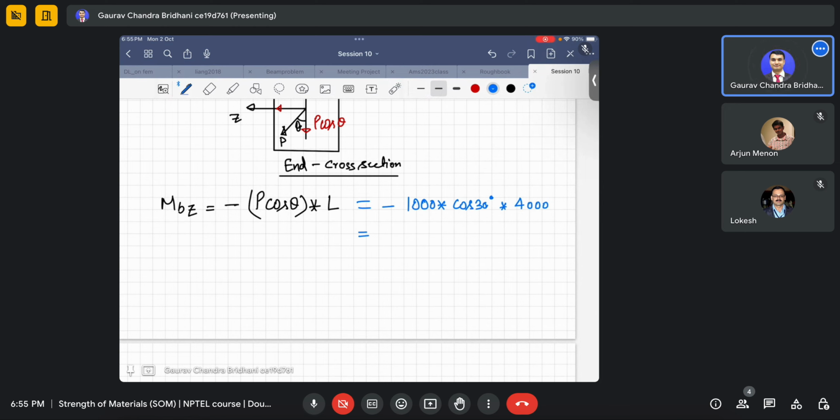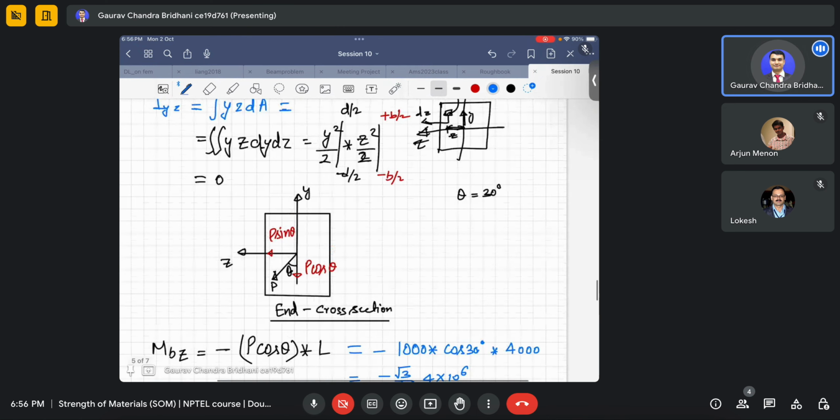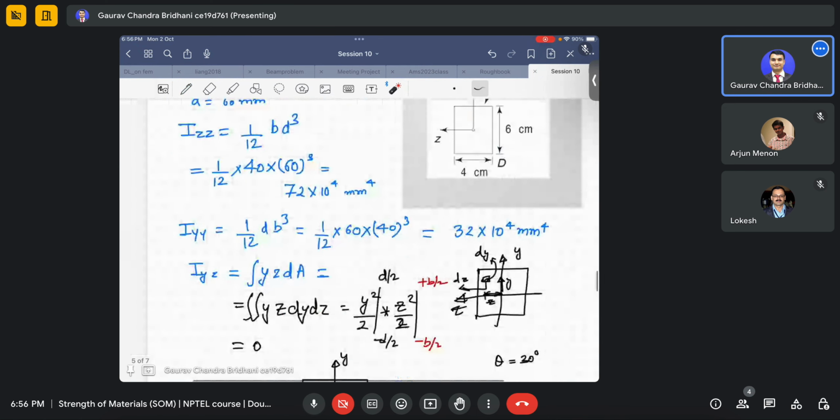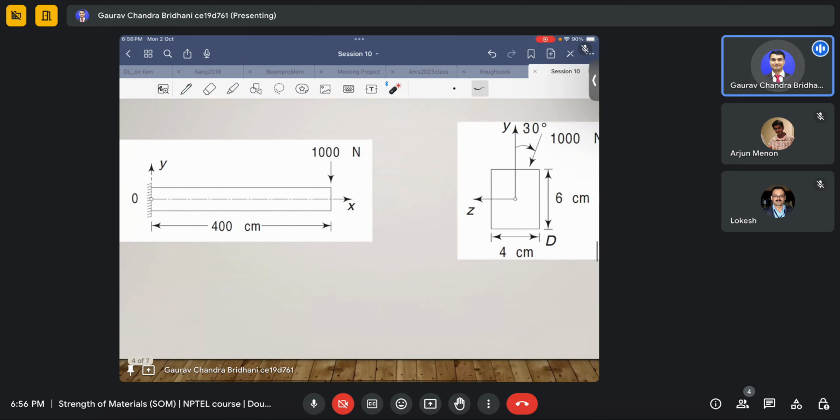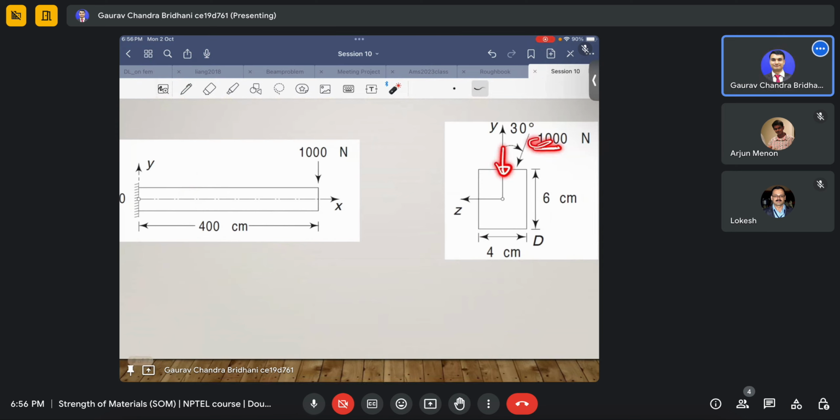So it will be minus root 3 by 2, which is cos 30, into 4 into 10 to the power 6. So basically it will be minus 2 root 3 into 10 to the power 6 Newton mm. This is MBZ, because at this end I have found the moment due to the vertical component, and that vertical component will cause a moment about Z, and that is why I am writing it as MBZ.